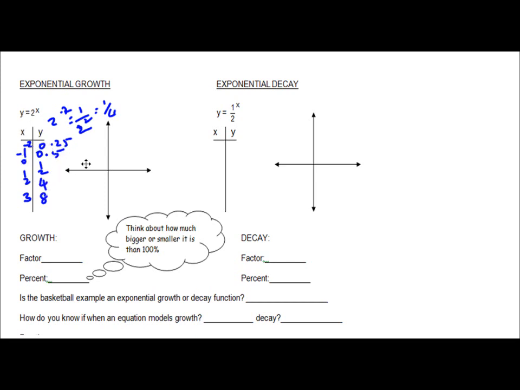So I'm going to express this in a graph. So this is like negative 1 and negative 2. If these were the x values, the y values were 0.25, 0.5, and at 0 it is 1, that is my y-intercept. At 1 it was 2, 4 next, and at 3 it was 8.